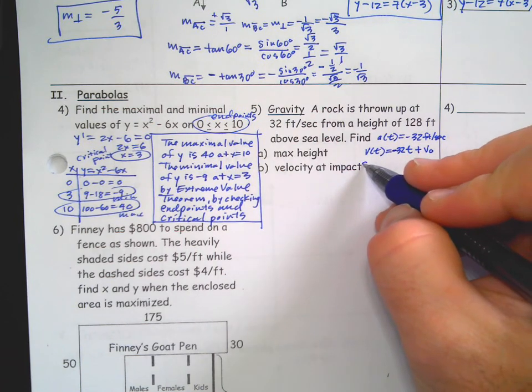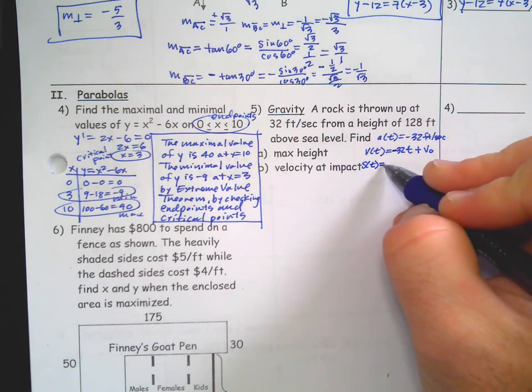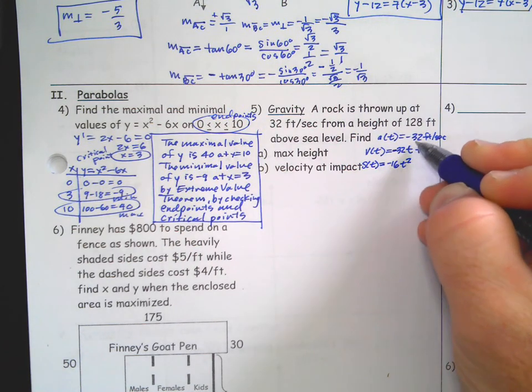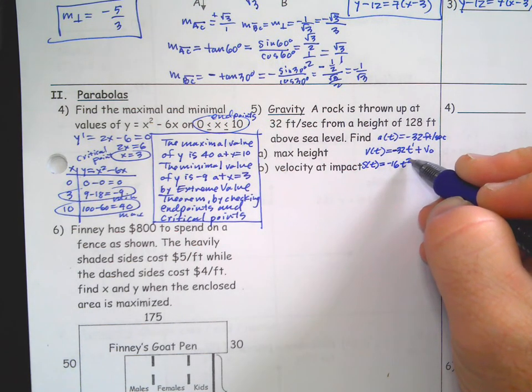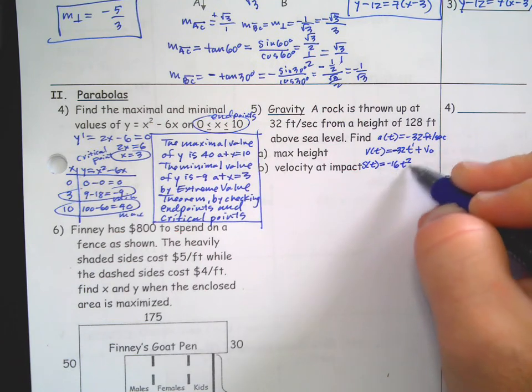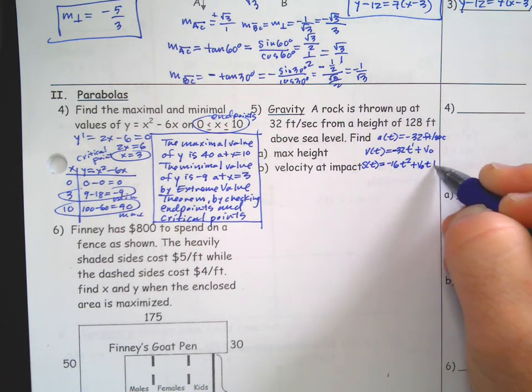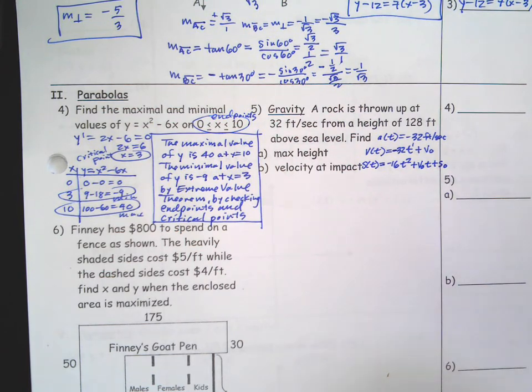And then the position, and you could just memorize this if you want, is negative 16t squared, because we bump it up by 1, and when you take the derivative of this it gives you that, plus v naught t plus s naught. You can just memorize those if you want.